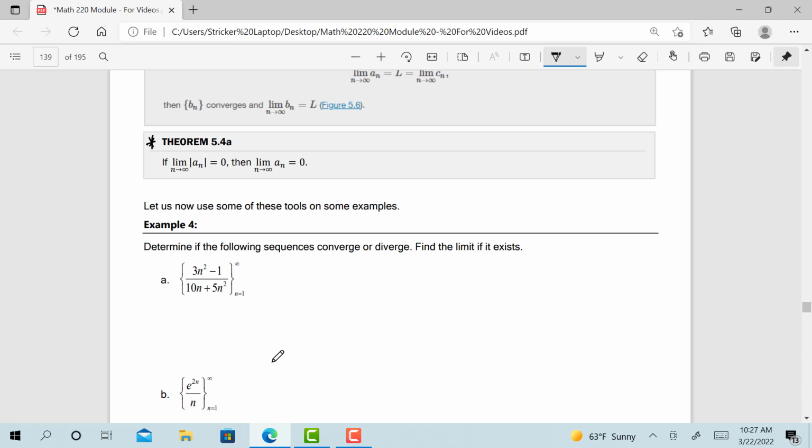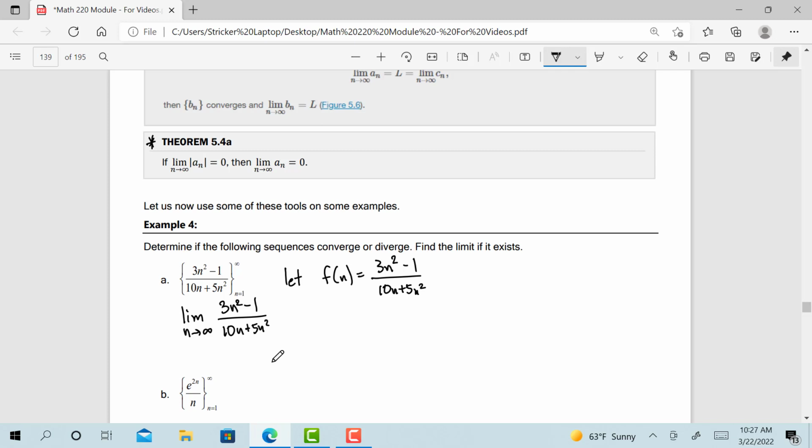So we can do that here. In other words, we can let f of n be the function 3n squared minus 1 over 10n plus 5n squared. And then we can take the limit of that function. So we can take the limit of 3n squared minus 1 over 10n plus 5n squared.